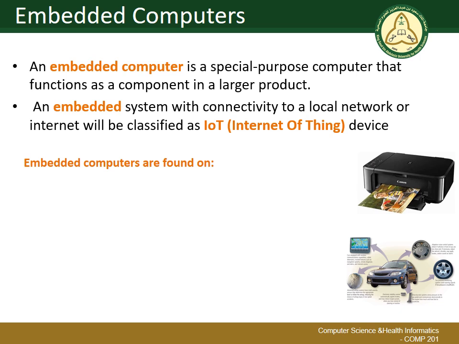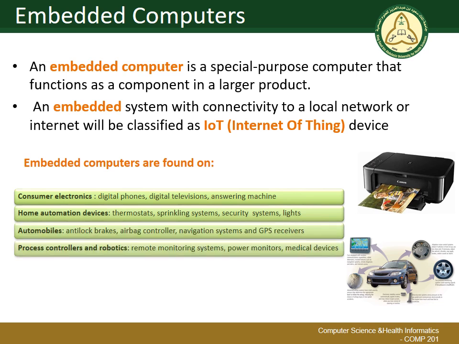You can turn on the light, turn off the light, raise the temperature, lower the temperature, check other products if they are available in a certain drawer inside the fridge. We can do so many things with embedded computers. These are examples of that.